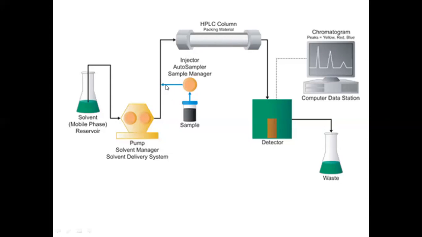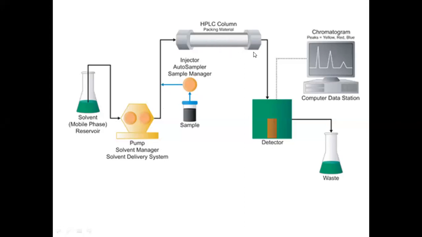Of course, it is compulsory to introduce the sample before the column. Soon after the introduction, the sample is carried by the mobile phase towards the column, and hence the separation takes place.